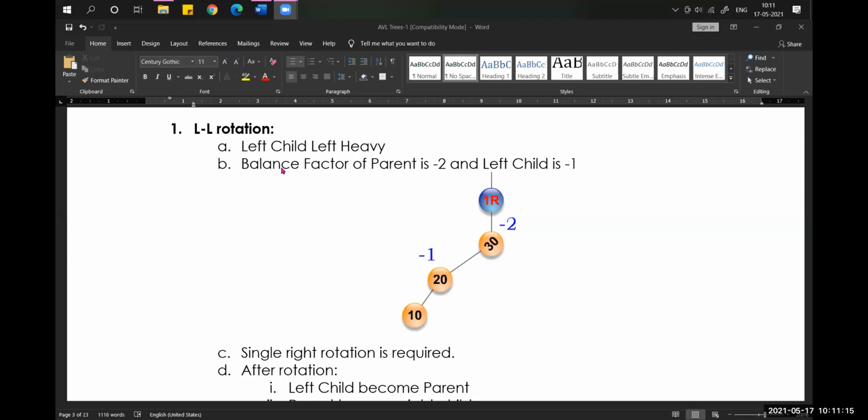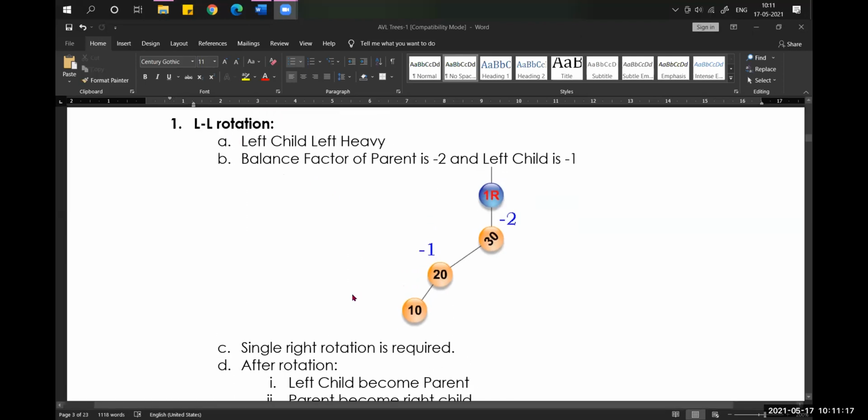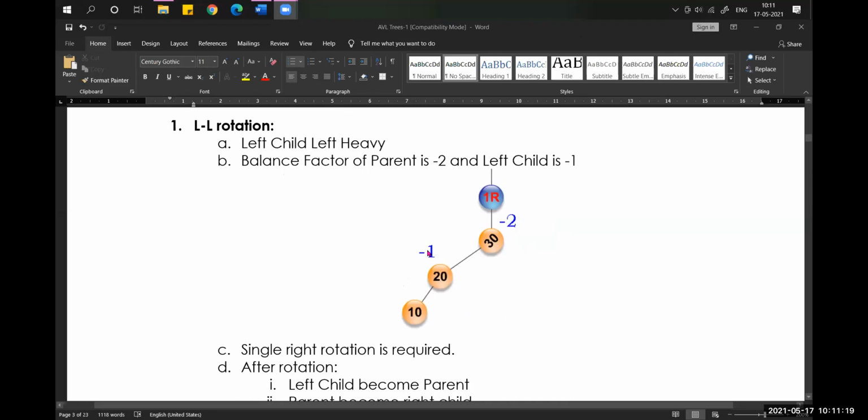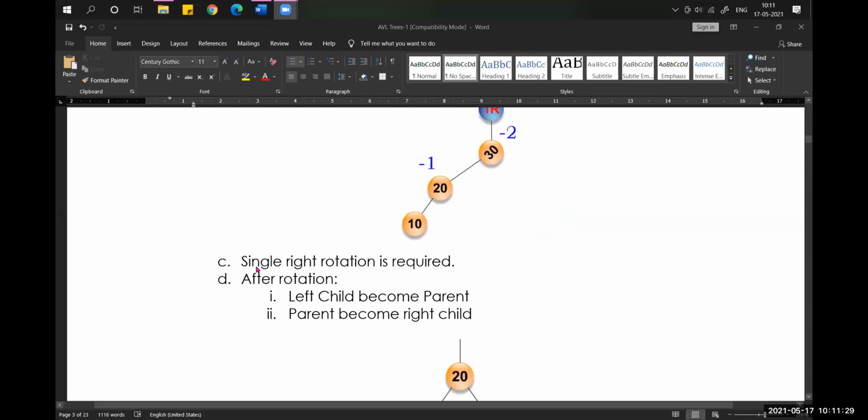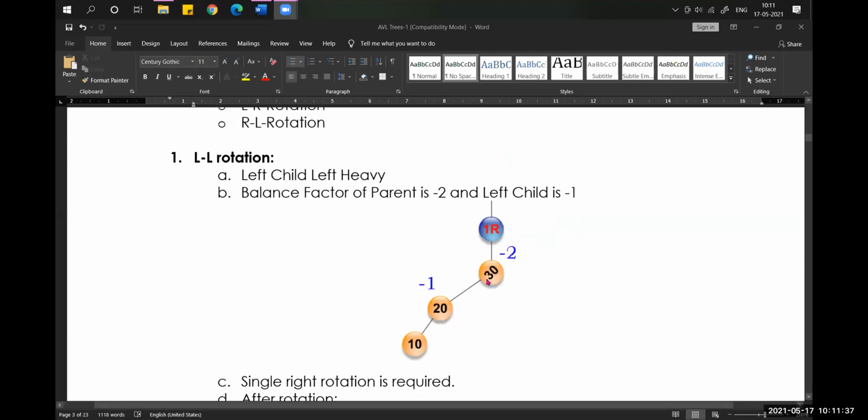LL rotation. See now, if the picture is in the form like this, then what should we do to become balanced? To become a balanced tree, a single right rotation is required. So this is the problem actually.